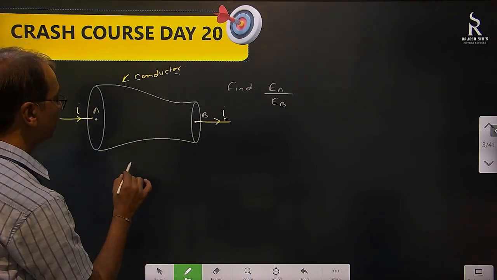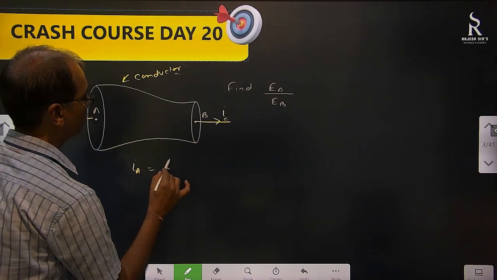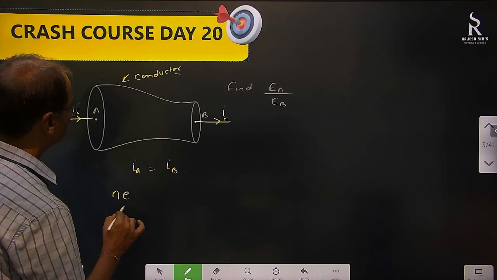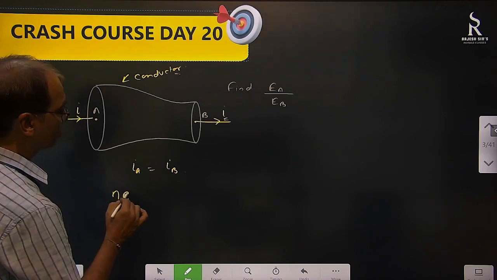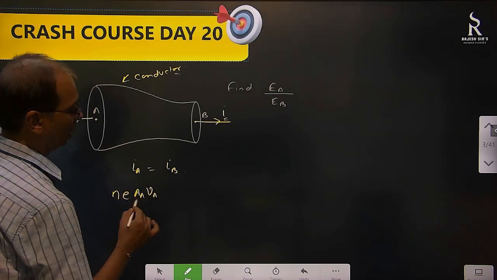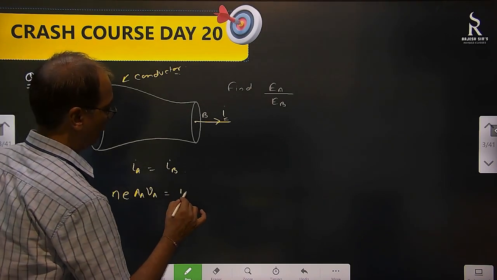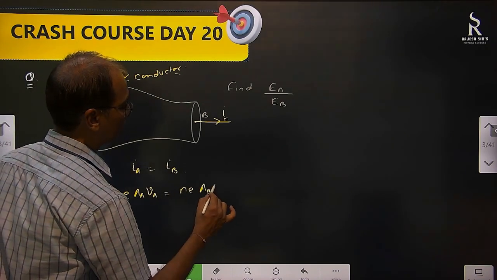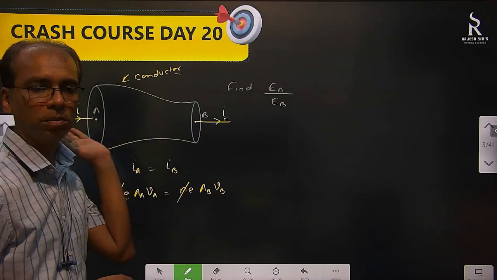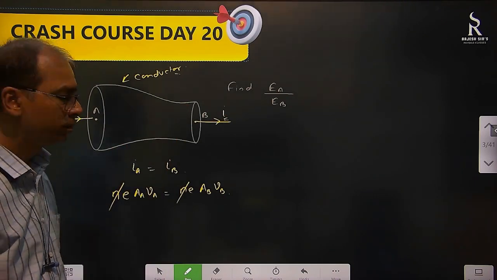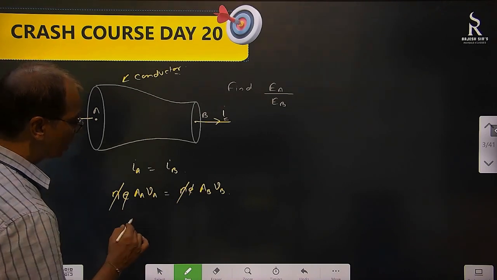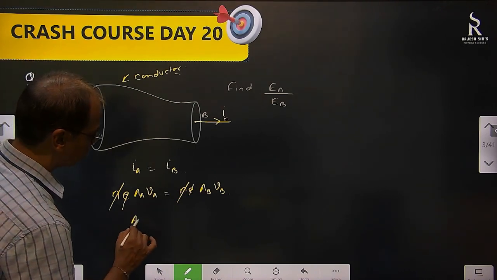So we will say that I at A is equal to I at B. Then what can you say? n e into the area at this section into v at A is equal to n e area at section B into v at B. Now n, because it's the same material, the number of electrons per unit volume will be the same. The e also cancels. So area at A into velocity at B. Which velocity? Drift velocity.